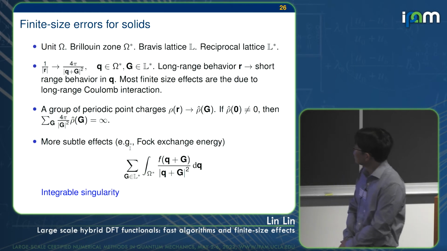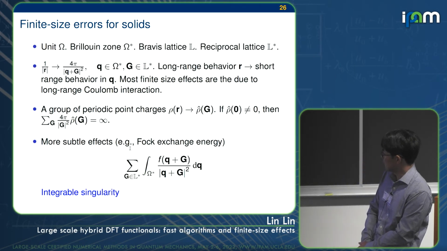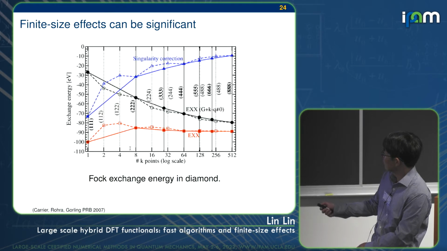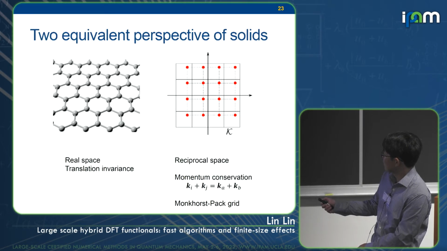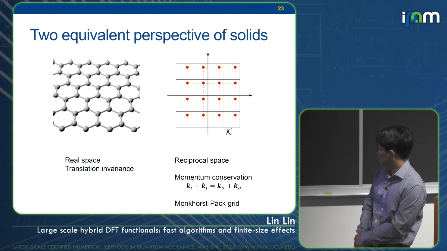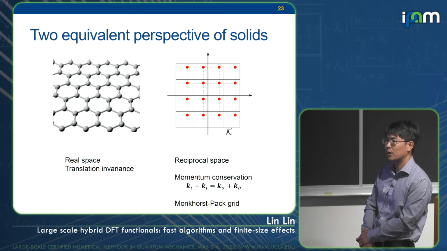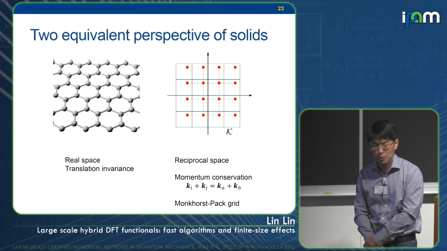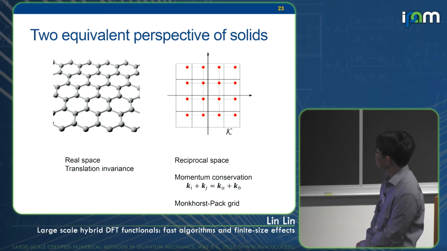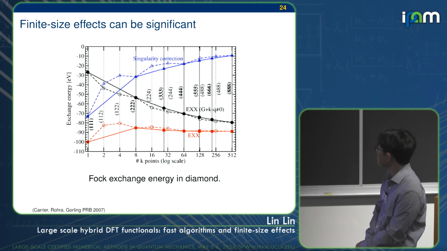Our current understanding is that if you look at the finite size effect by treating it as a quadrature problem, the issue has not been resolved even at the Hartree-Fock level, not to mention the post-Hartree-Fock level. And so this is something I want to present.